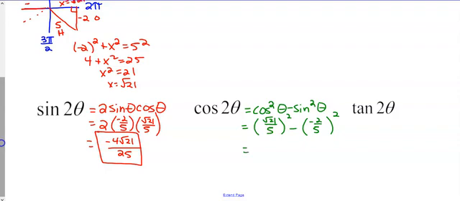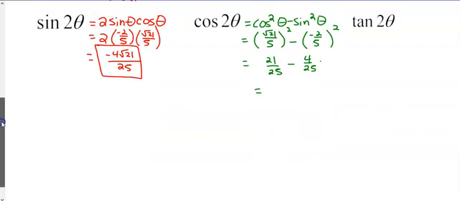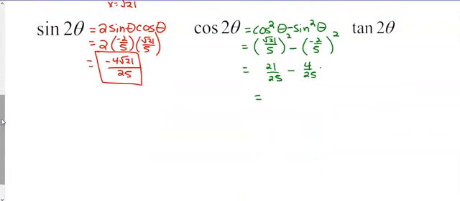So square each of those, each part. We're going to end up with 21 over 25 minus 4 over 25, which is, actually going to go down here so we don't run into our tangent stuff. 21 minus 4 is going to give us 17. Can't do any more there, so we're done.